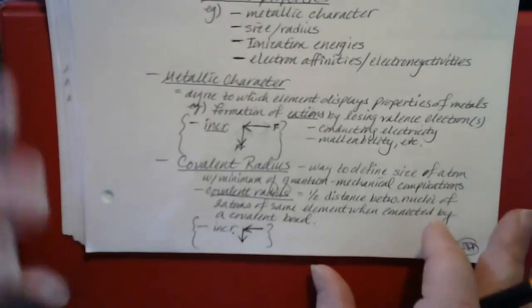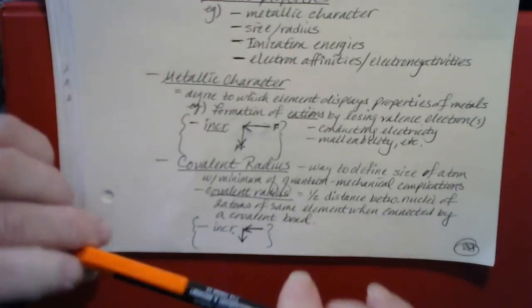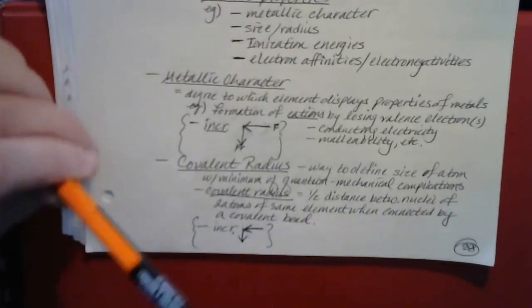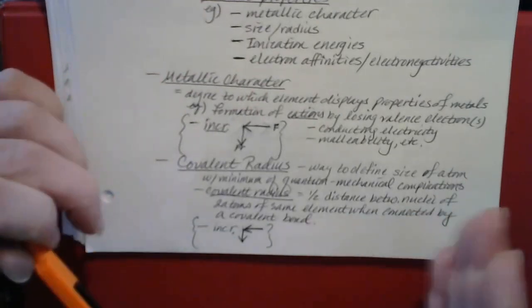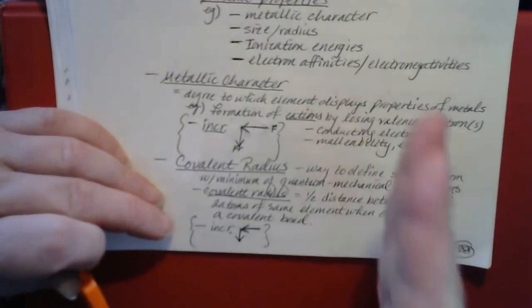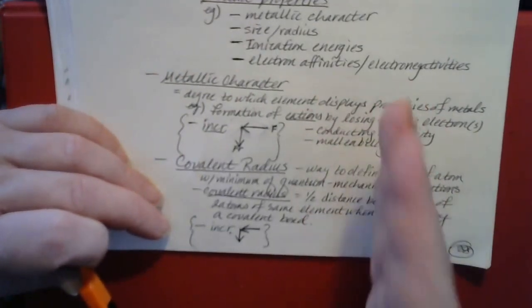We don't really know where those valence electrons are at any given moment. We can map out statistically where they're most likely to be, but that's kind of fuzzy because there's no one distance that they're most likely to be from the nucleus.